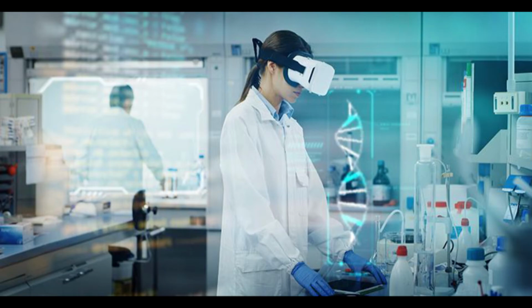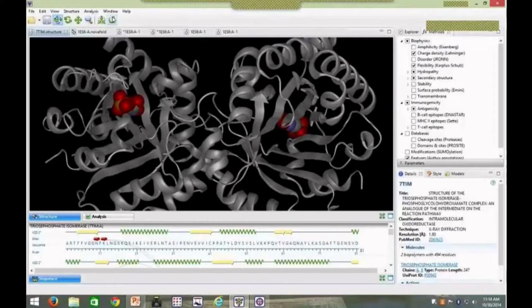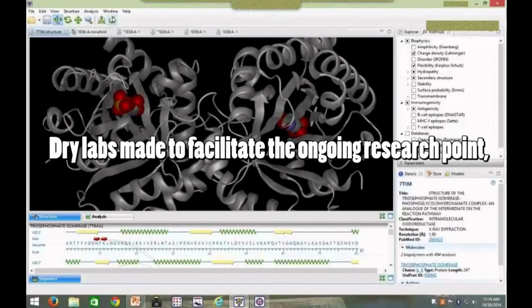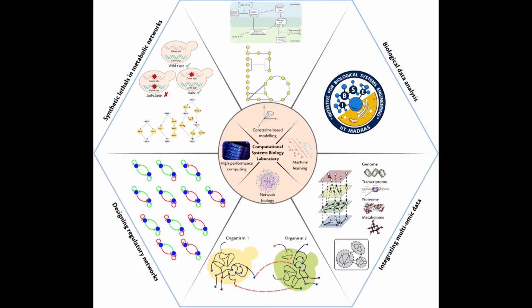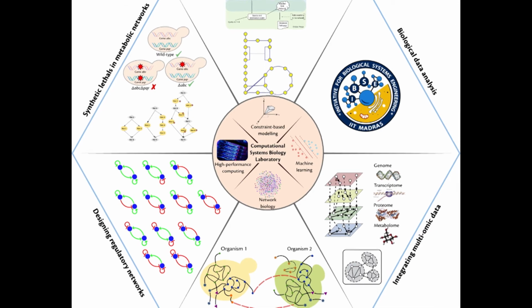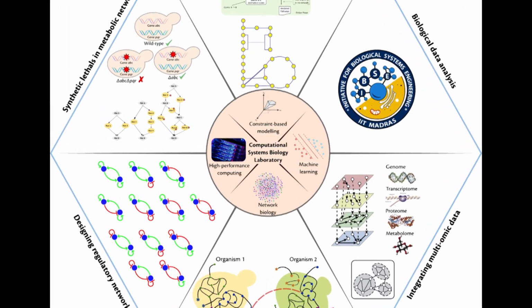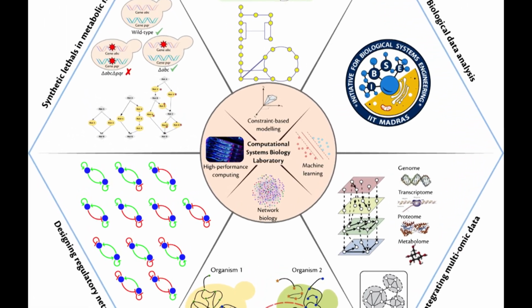However, on the other side, the dry labs are made to facilitate ongoing research, and they can make some predictions. The most famous of the prediction labs is AlphaFold 2 for protein structure prediction. It was released this year, and it's based on AI. You can consider that most of the prediction labs are focused on computational systems biology.